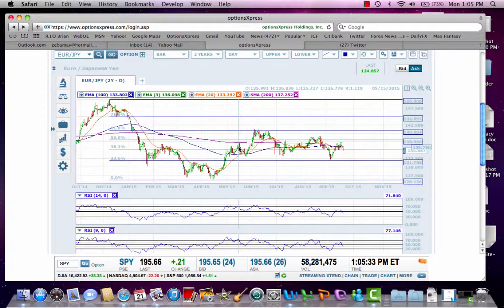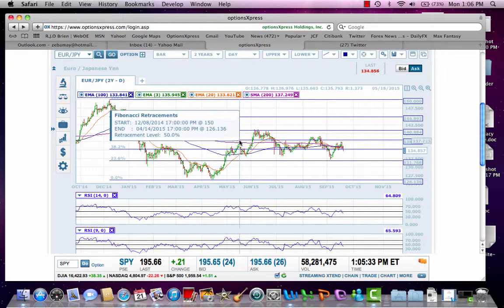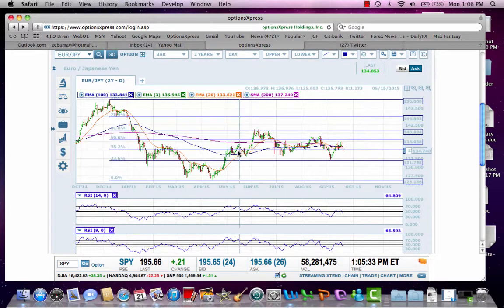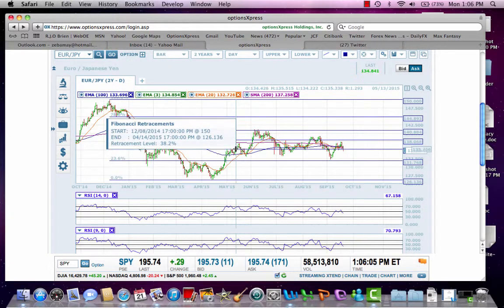I would have used the same methodology that I'm about to teach you, but I wouldn't have had any trades being signaled because we didn't really hit any Fibonacci level. We went above the 38.2% retracement, and we didn't really hit the 50% retracement, so it didn't give us a level to sell against.